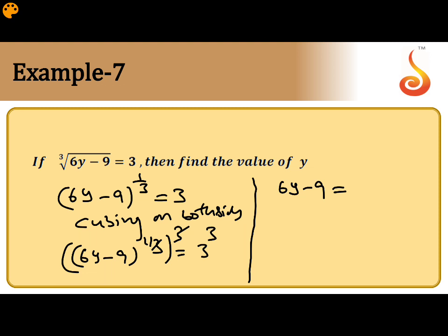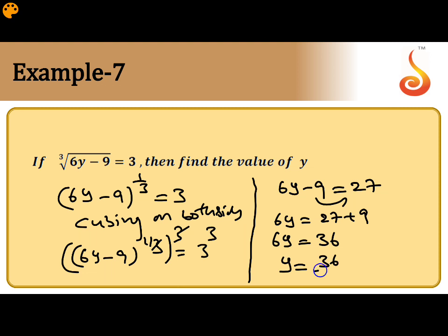Now the right side, 3 cube is 27. So shift minus 9 to that side: 6y equal to 27 plus 9. So 6y equal to 36. So y equal to 36 by 6. That gives 6. 6 is the answer for this question.